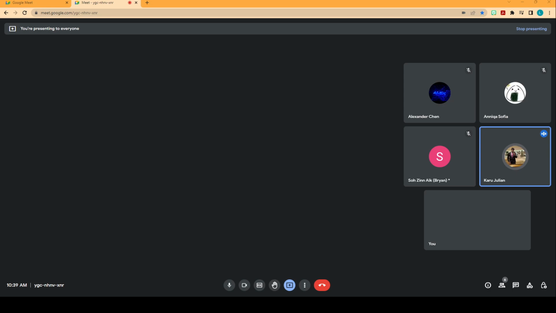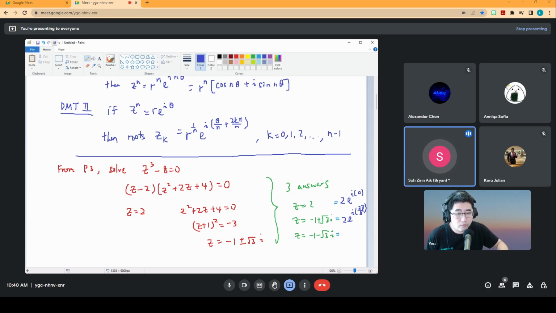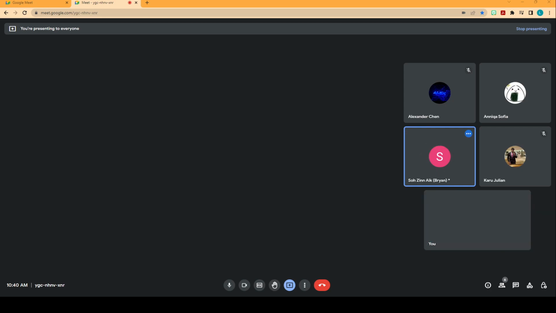And the last one. 2e^(i 4 pi over 3). Negative 2 pi over 3. Oh, okay. We write the position angle from negative 180 to 180. Okay.